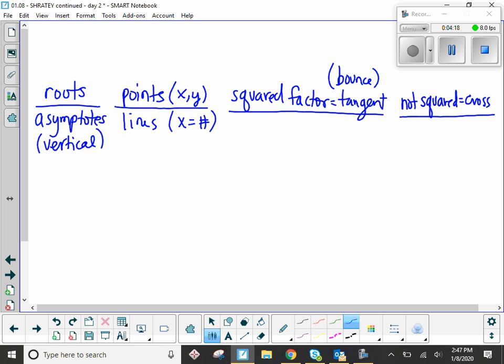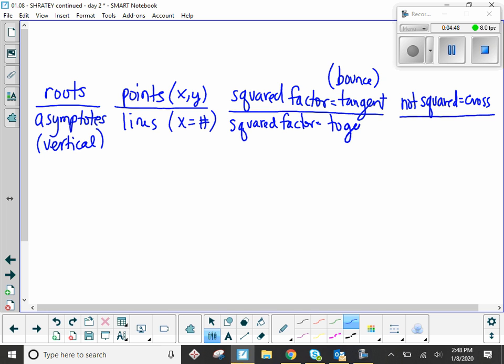And then when you start looking at the factors for your asymptotes, same question. Is anything squared? So if you have a squared factor in the bottom, the denominator, the T thing happens. What's the T thing for the bottom? Together.